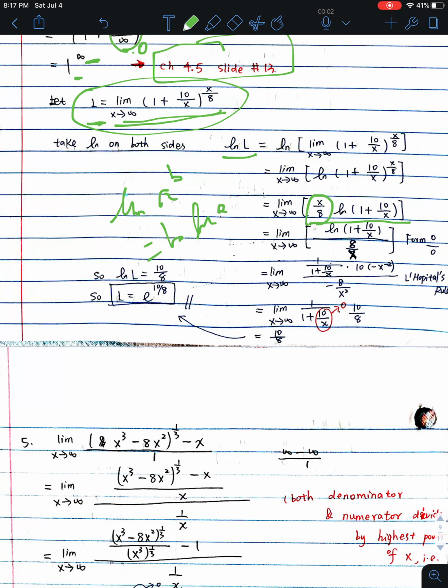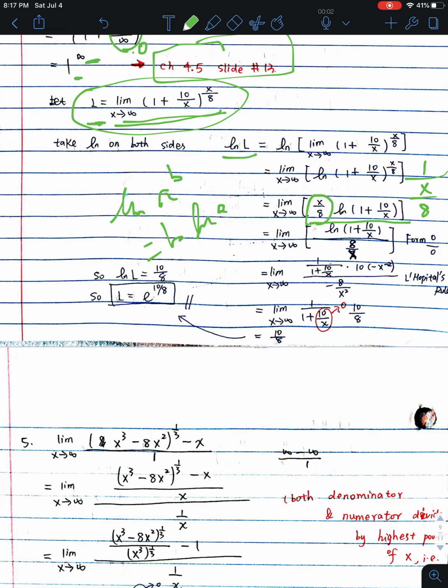Because when x goes to infinity, x over 8 goes to infinity, but 1 over x over 8 goes to 0, because 1 over infinity goes to 0.